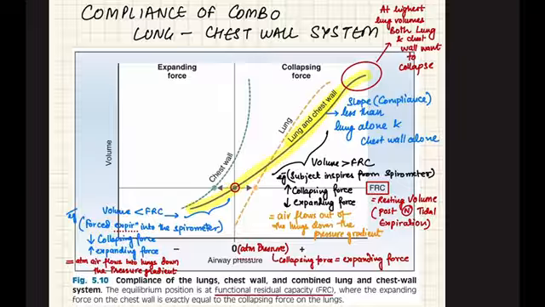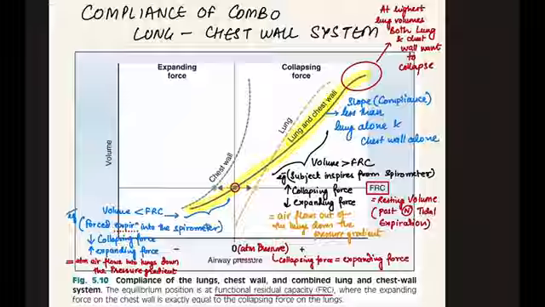But when the volume is less than functional residual capacity, for example in forced expiration into the spirometer, the collapsing force decreases and the expanding force increases. Now the atmospheric air will flow into the lungs down the pressure gradient.